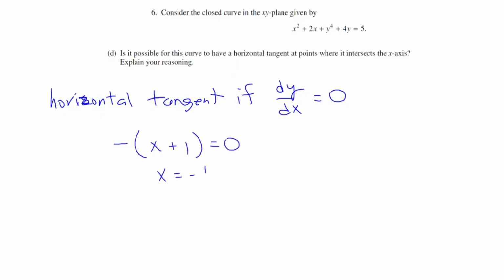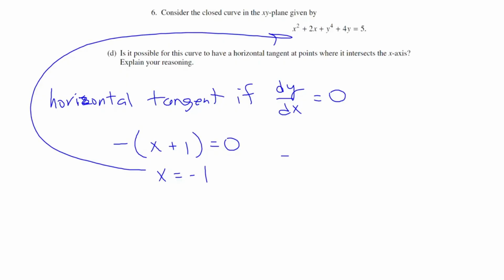So basically, if x equals -1, well, just plug x equals -1 back into your original equation, right? You get (-1) squared plus 2 times -1 plus y to the 4th plus 4y equals 5, right?